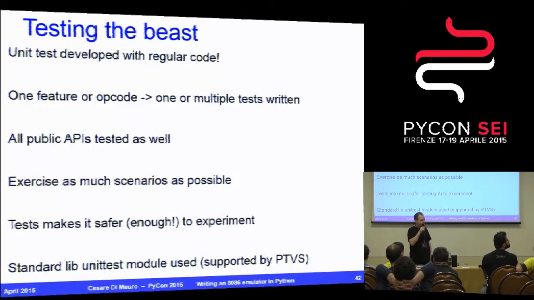That's because the tests give me an assurance, a confidence that if I change something in the emulator code, I don't go mad trying to figure out if a nasty bug was introduced. For doing that, I use the usual unittest module, which is very well supported by the Python tools for Visual Studio, which I use for development.